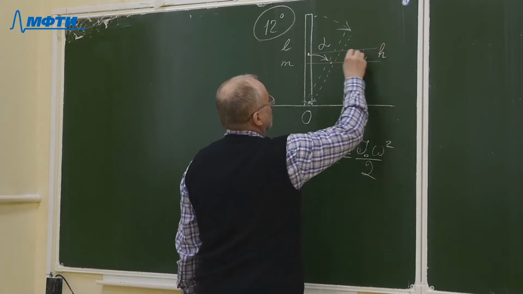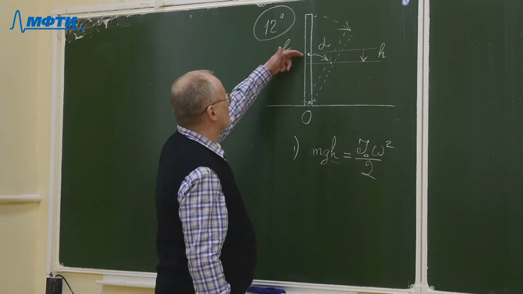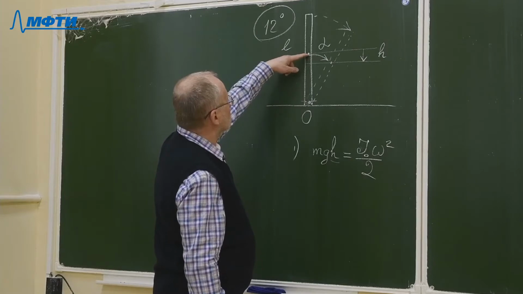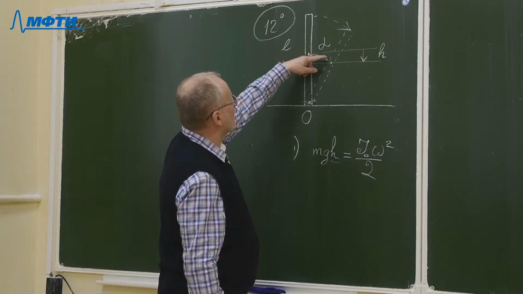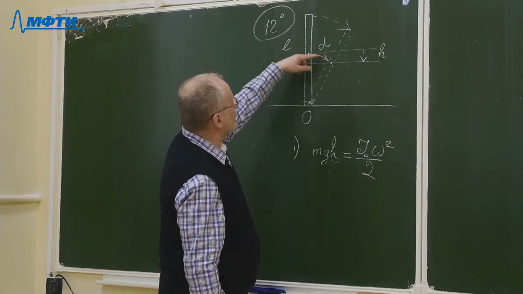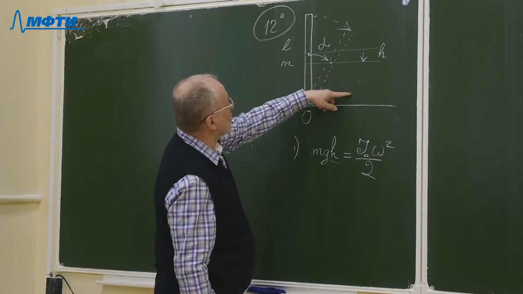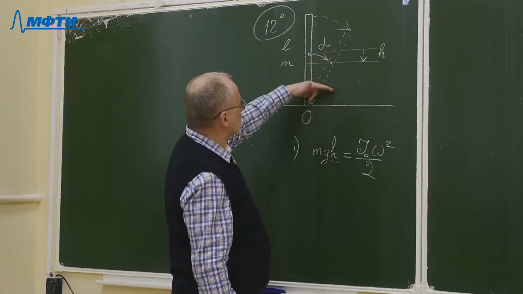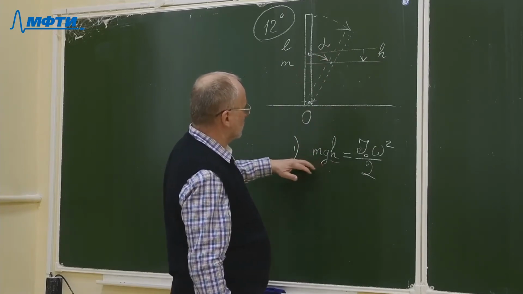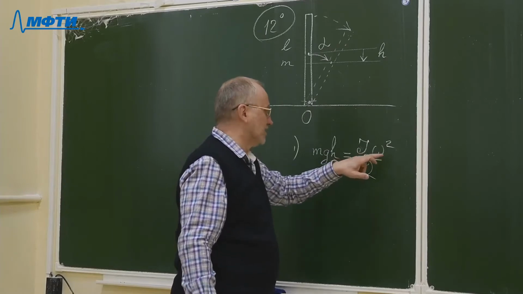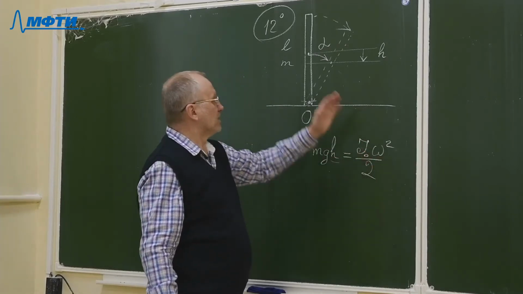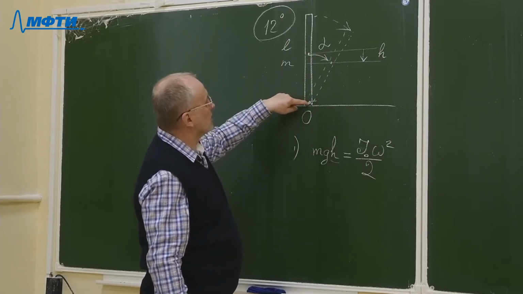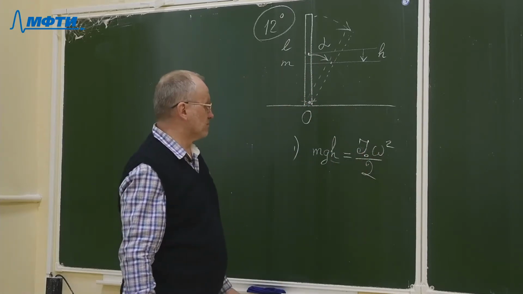This is the difference in the height of the center of mass. The original position was here, and as the chimney falls down, the center of mass goes lower and lower, so the height h grows in time, and so the potential energy loss is larger and larger, and therefore omega, the angular velocity of this solid body about axis O, will increase.